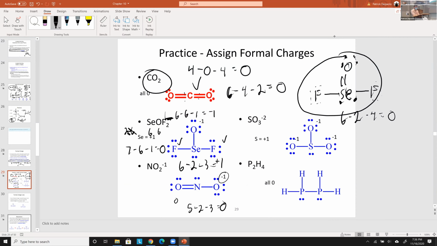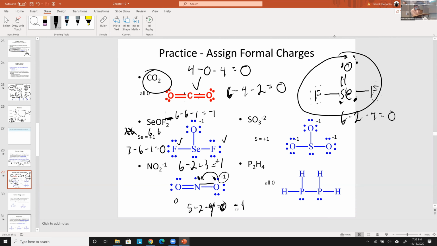What if you satisfied this? If you did that, you would remove an electron from here and remove an electron from here. What that would do is make this electron go over here. But it would remove the formal charge off the oxygen there. So what would happen is you would have 5 minus 2 minus 4, which would be -1 on the nitrogen.